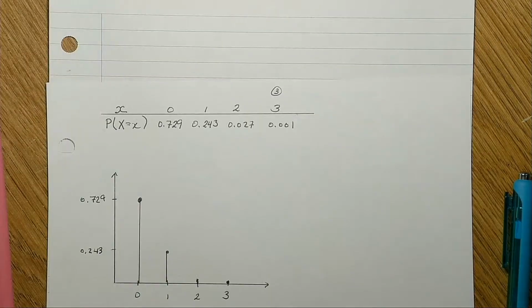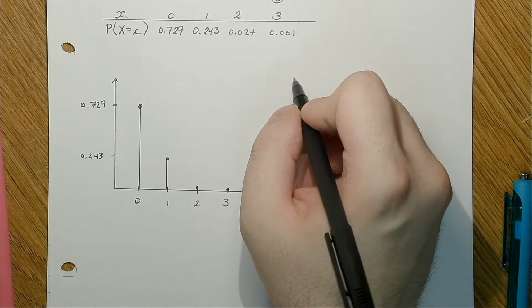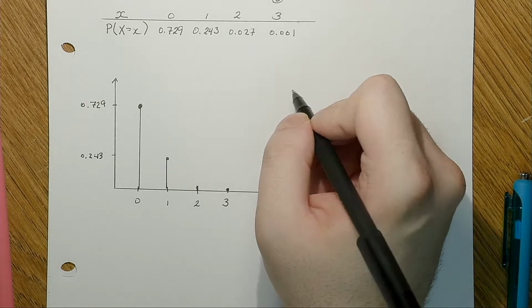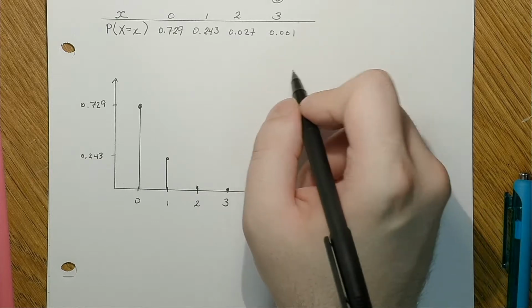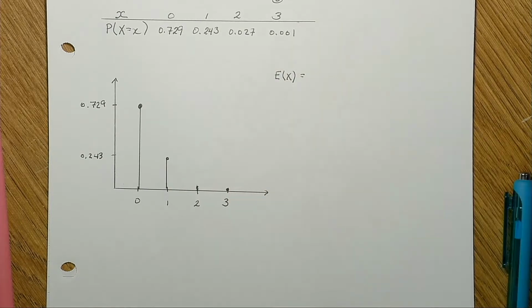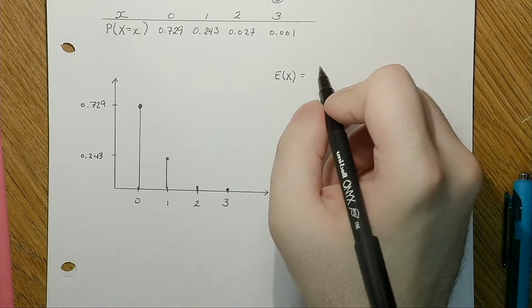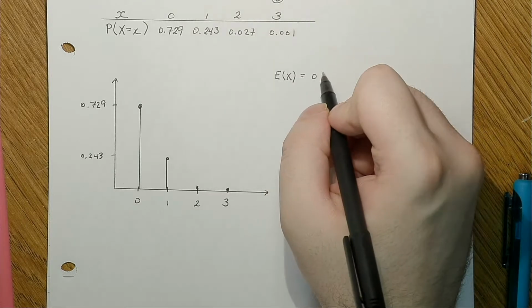And we can also calculate the expected value. So to do the expected value, it's the value times its probability.